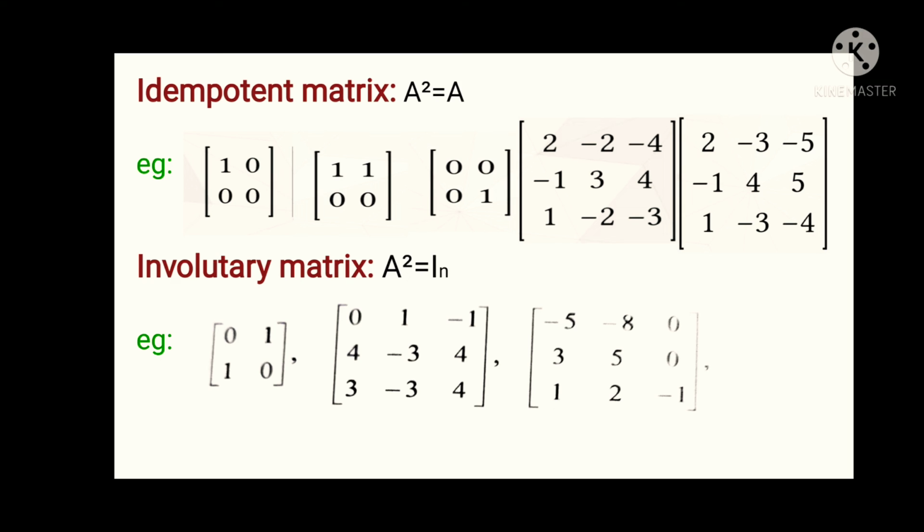Similarly, if you see the third column of the first row and the third column of the second row, the numbers 4 and 4 are the same, but the sign is changed. This way we can identify the idempotent matrix in any competitive exam. It will take only some seconds to identify the idempotent matrix.